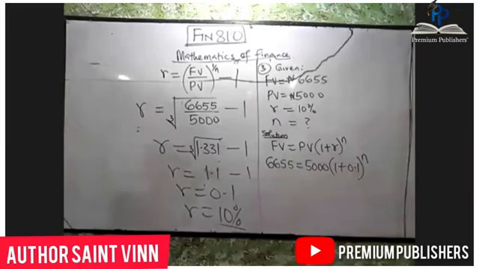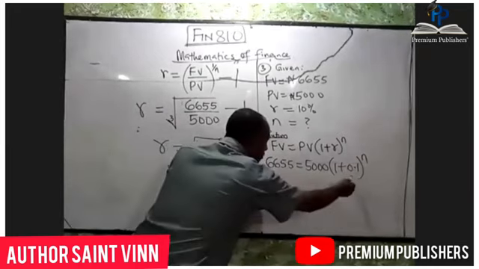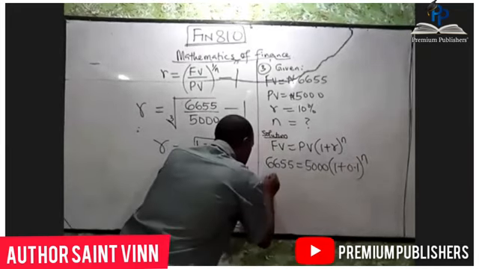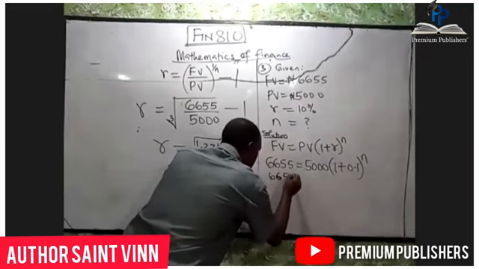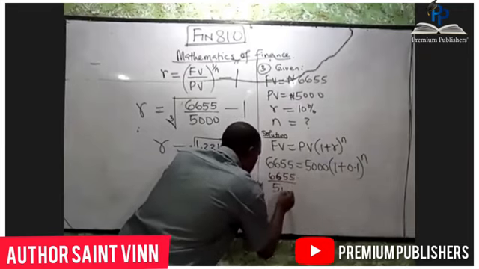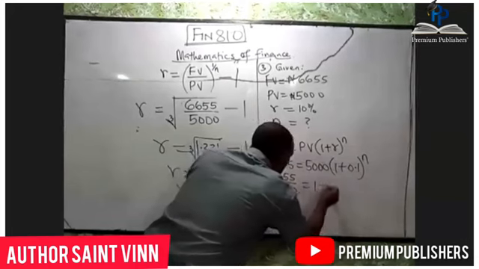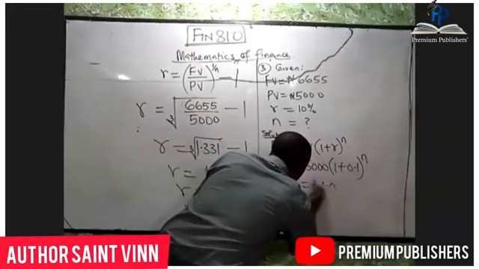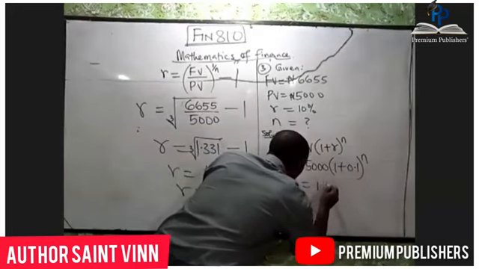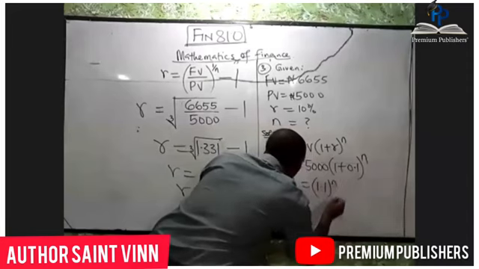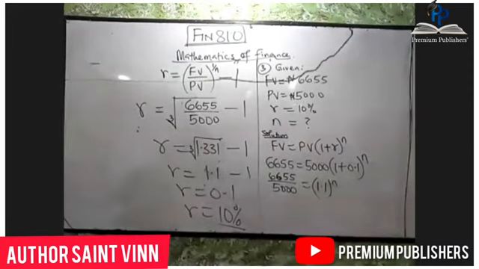As we started before, we use the same thing. Coefficient of this one is 6655 all over 5,000 equal to 1 plus 0.1, that is 1.1, all raised to the power what? Is it clear?